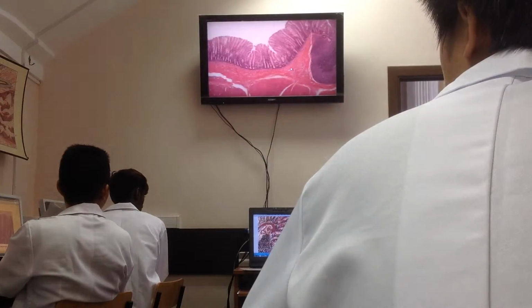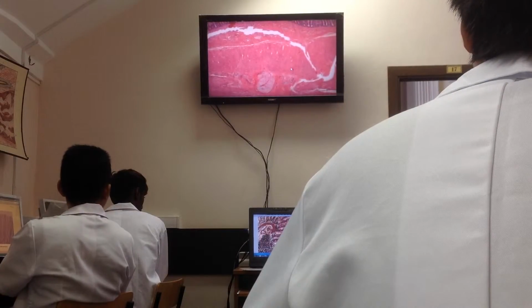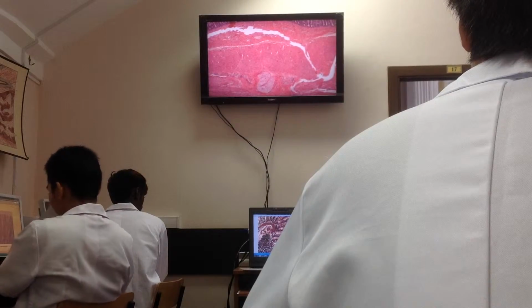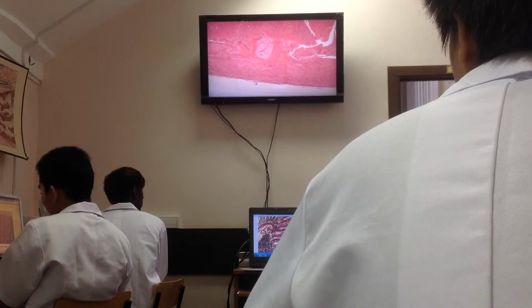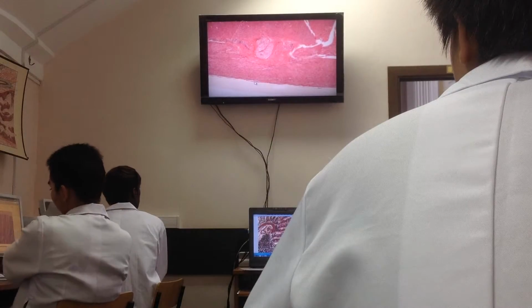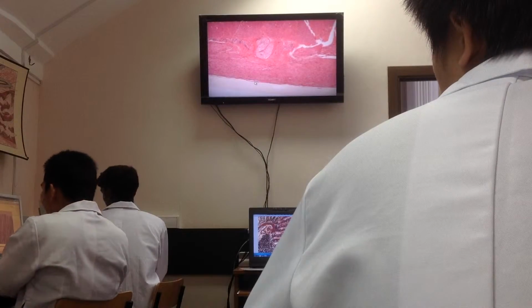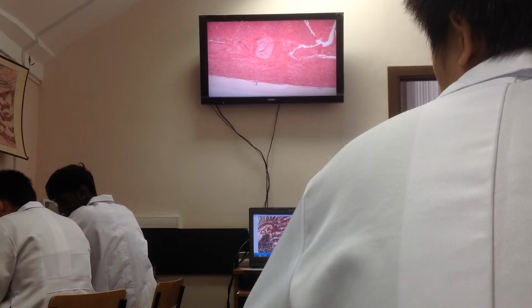So, mucosa, submucosa, then the next unit. Muscularis externa, and finally, the thin outermost layer, serosa. Because the visceral peritoneum covers the intestine, small and large, serosa is present instead of adventitia.